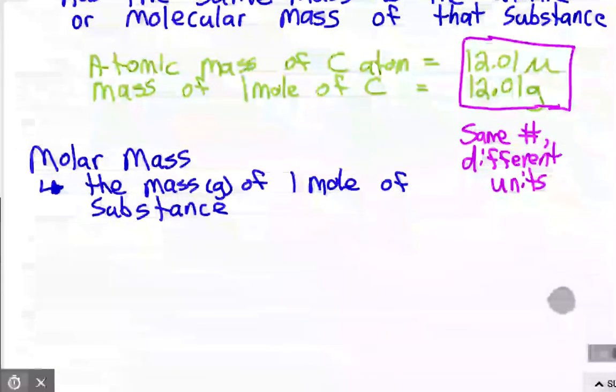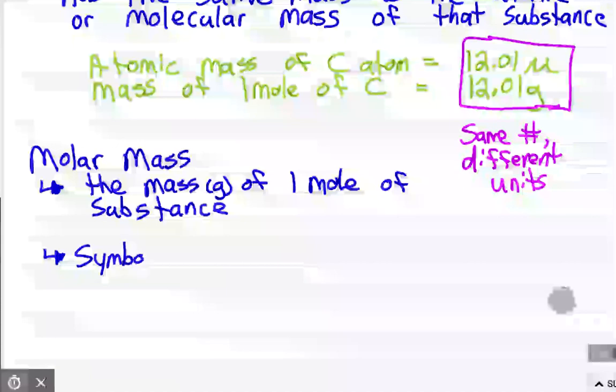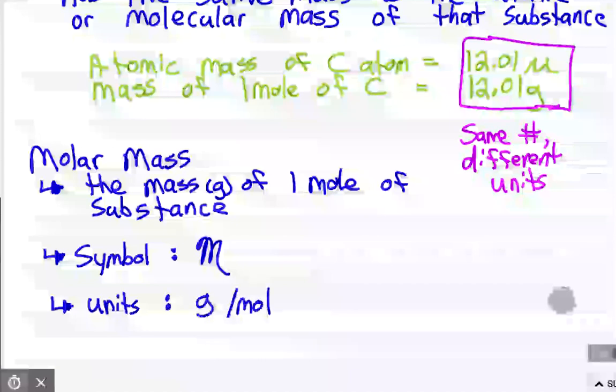So our molar mass has a symbol, which is a fancy cursive M. And we measure the units of molar mass in grams per mole. It also can be written like this, grams over mole.